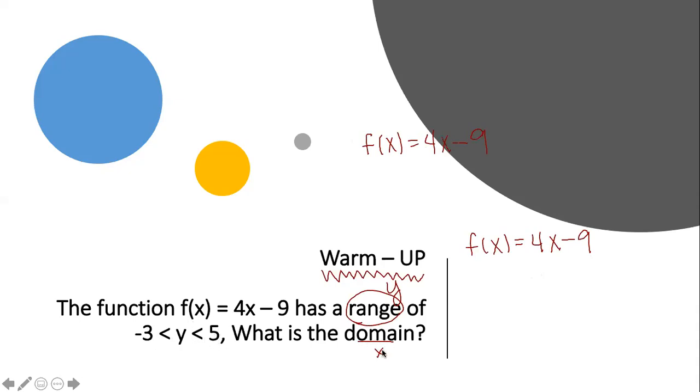So to figure out my x values, I would have to plug in these y values. Well, on here, what represents y? F of x. So I'm just going to say y equals 4x minus 9. I'm going to replace this y value in here. So -3 equals 4x minus 9. And I need to solve for x.